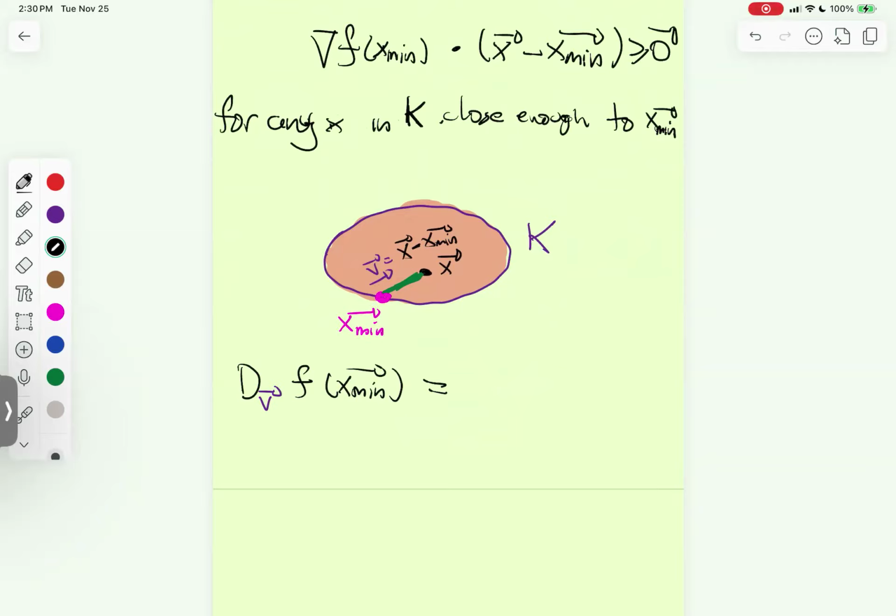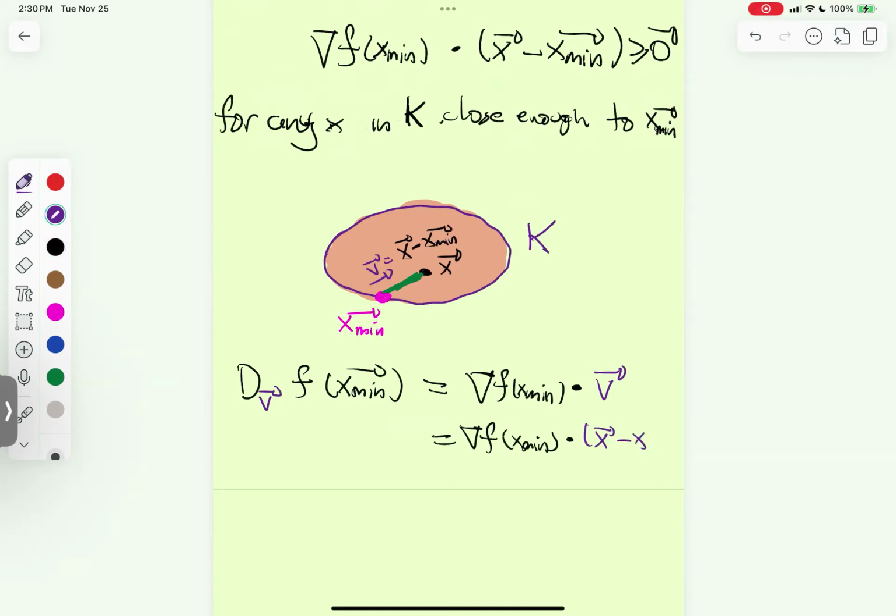And the vector was just x minus x mean. So that's one way to think about what the number should be.